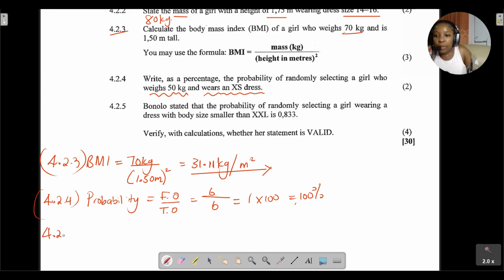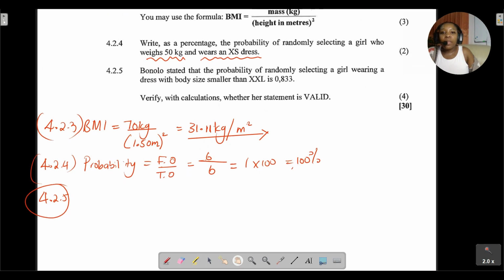Question 4.2.5. Bonello stated that the probability of randomly selecting a girl wearing a dress with body size smaller than XXL is 0.833. Verify, showing calculations, whether her statement is correct. So that basically means we want to calculate the probability of selecting a girl that wears a dress size smaller than XXL.